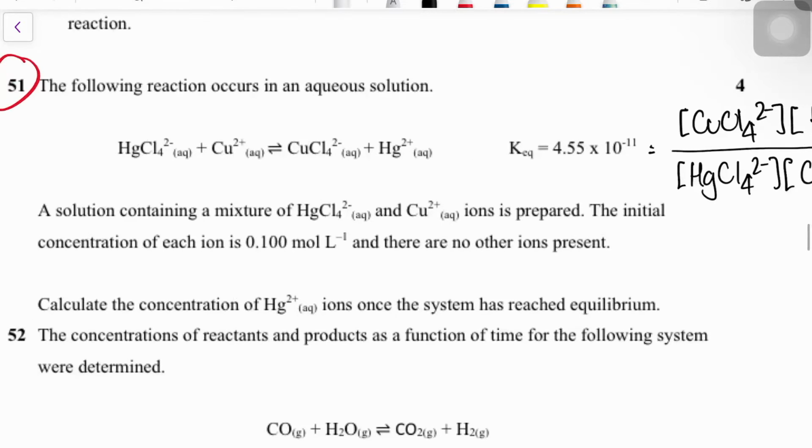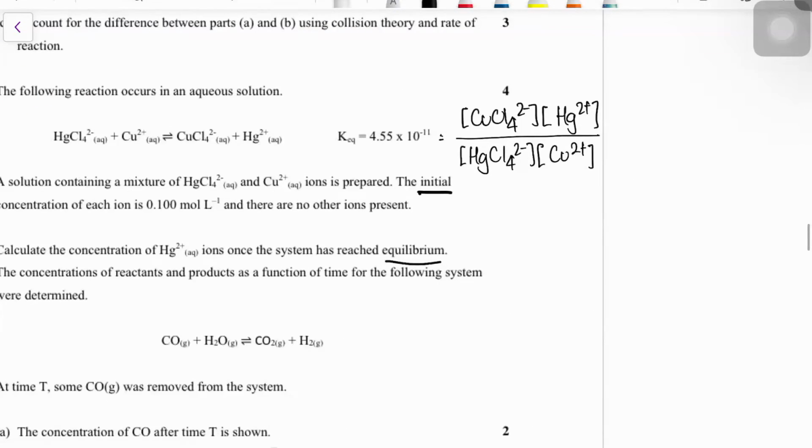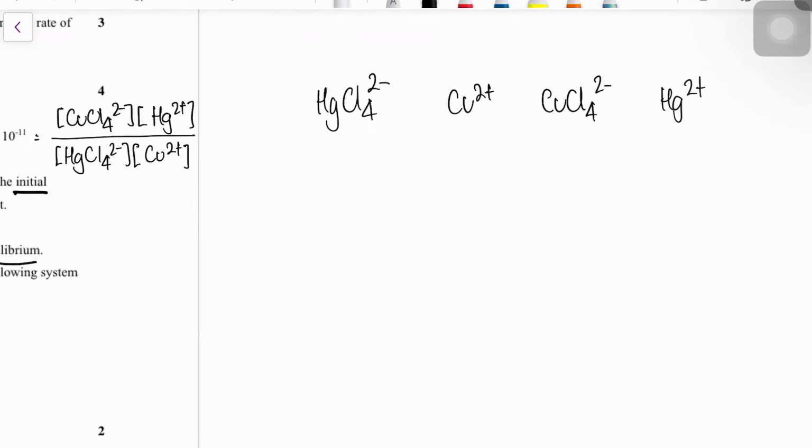Now, when they tell you that something is added in and then it reaches equilibrium over time, you need to set up your ICE table to figure out the concentrations over time. The purpose of the ICE table is to keep track of the concentrations inside your beaker.